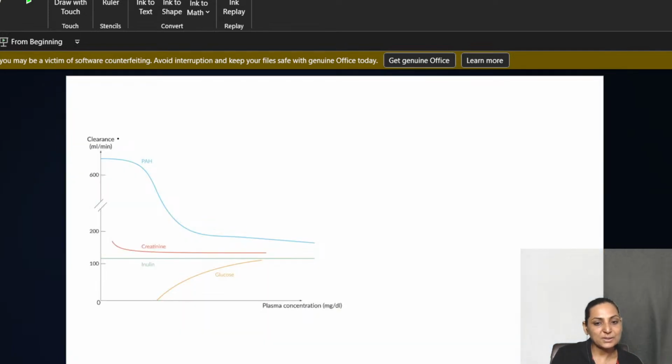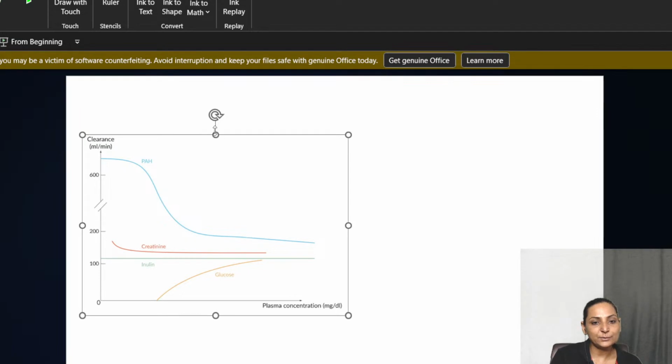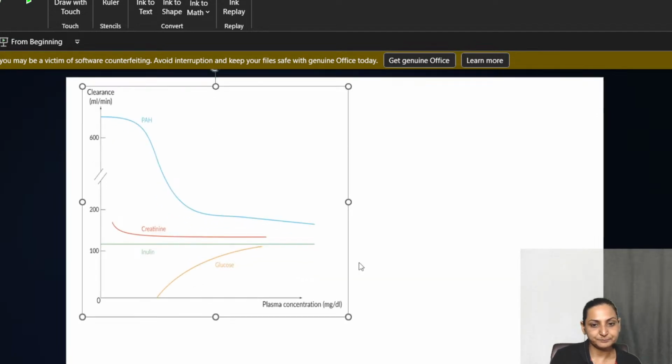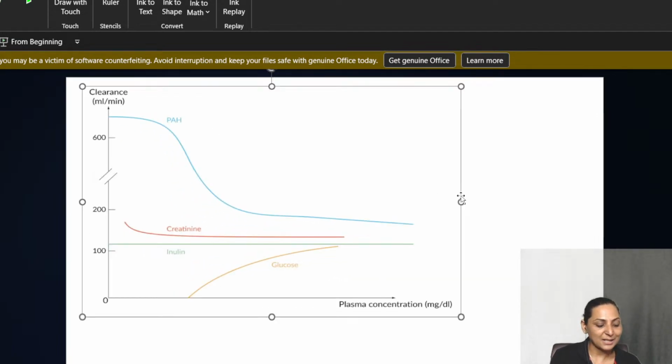Moving on, next was the question related to the clearance graph. This was the last year INICET question, and you were given this kind of clearance graph labeled A, B, C, D, and you were asked about the differences.